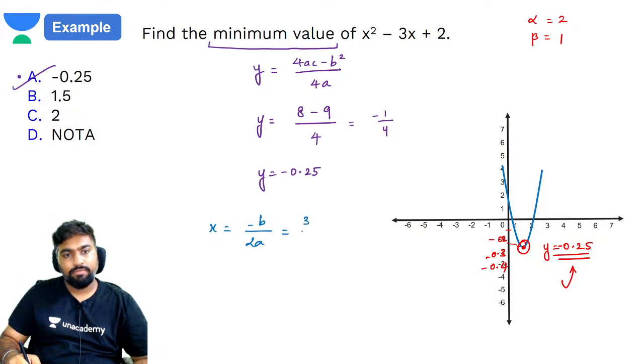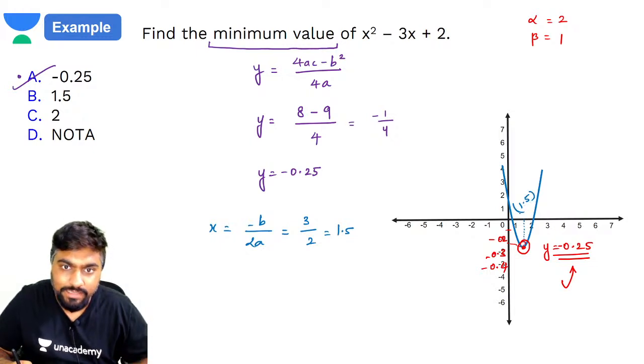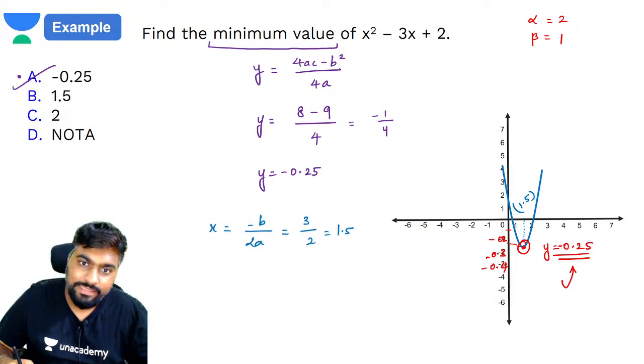Minus of minus 3, plus 3, by 2 is 1.5. So see here, x is at 1.5. Are you getting this? X is at 1.5.